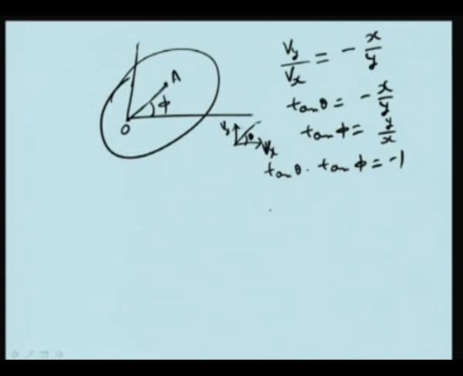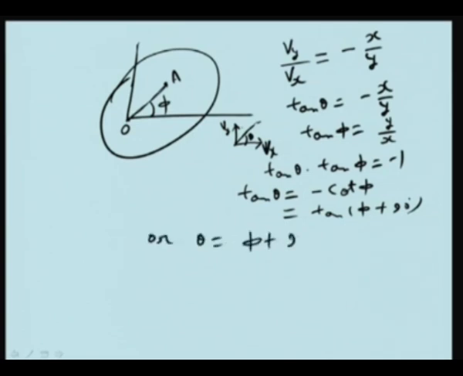This shows that tan theta is equal to minus cot phi, which is tan of phi plus 90 degree, or theta is equal to phi plus 90 degree.